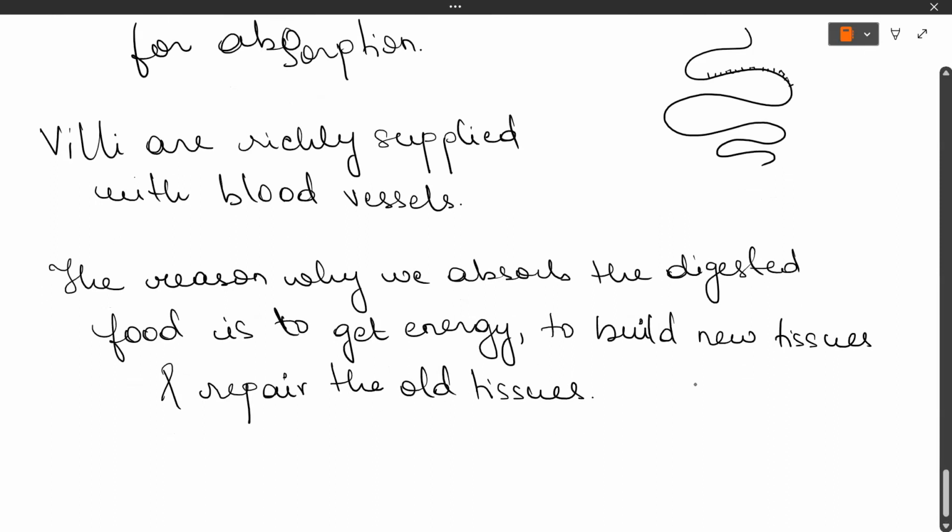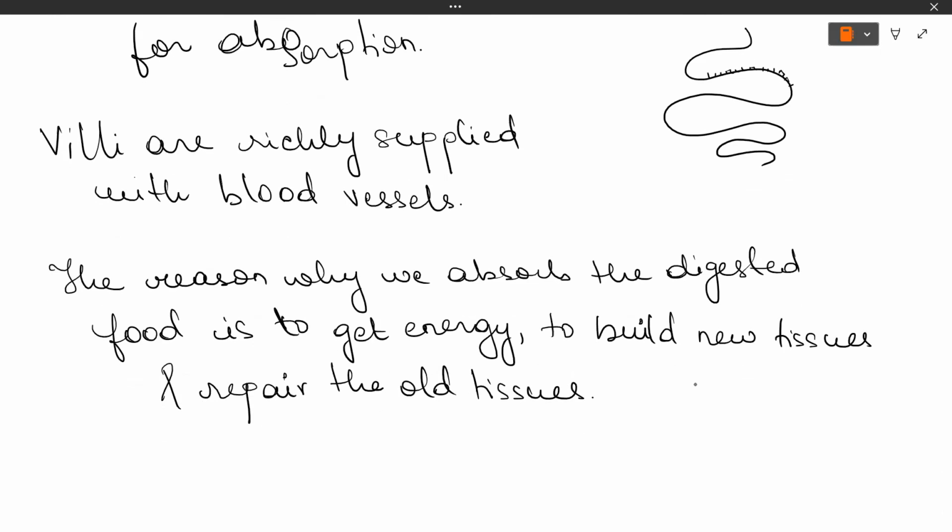Now, these are all the events that take place in the small intestine. From this, the undigested food, the food that has not been digested yet, moves on to the large intestine. From the small intestine, the unabsorbed food is finally sent into the large intestine.